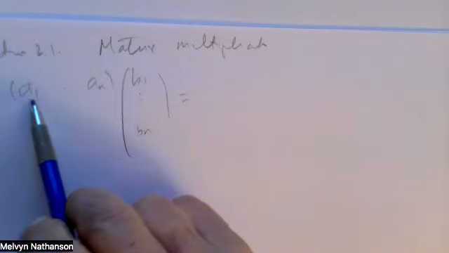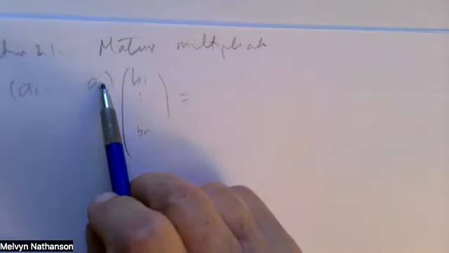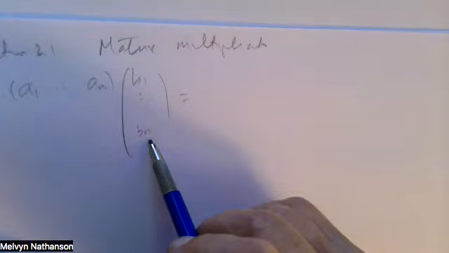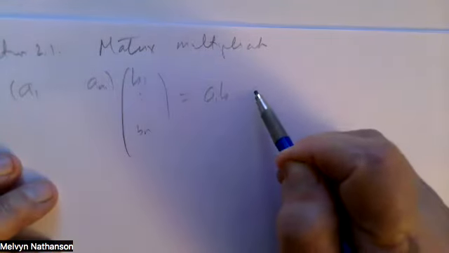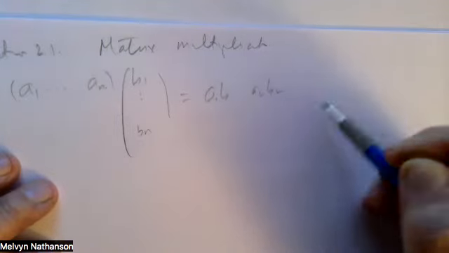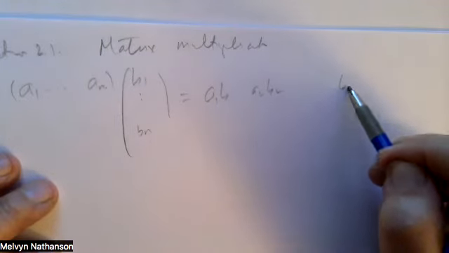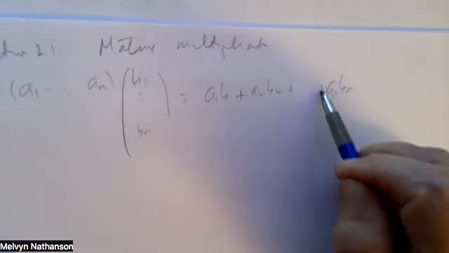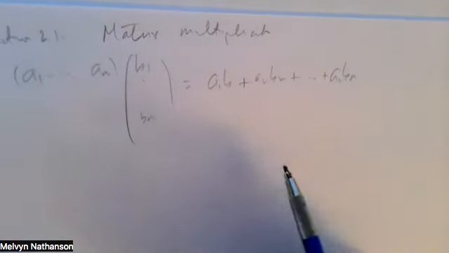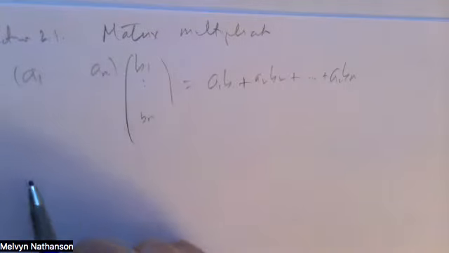And again, there are the same number of coordinates horizontally on the left as there are vertically on the right. You take the product of the first coordinates, the product of the second coordinates, and so forth, all of the pairwise coordinates, and you add them up. And that's how you multiply a row times a column.